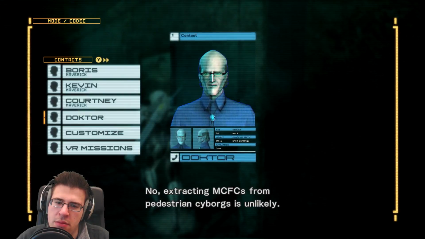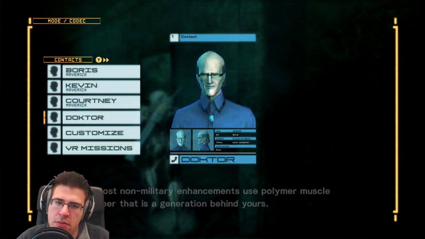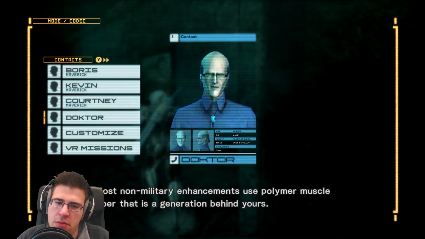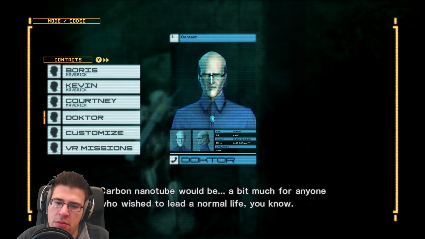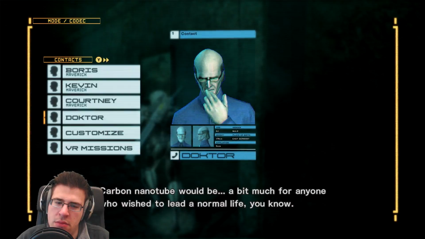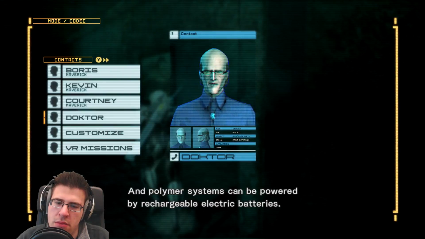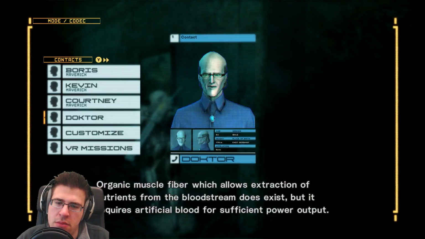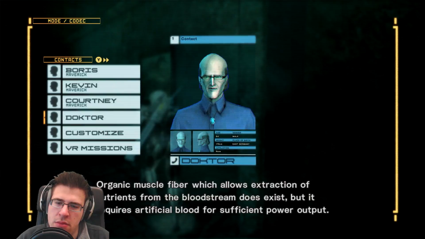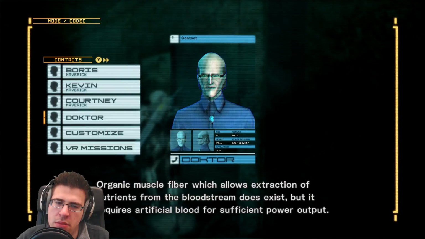No, extracting MCFCs from pedestrian cyborgs is unlikely. Most non-military enhancements use polymer muscle fiber that is a generation behind yours. Carbon nanotube would be a bit much for anyone who wished to lead a normal life, you know. And polymer systems can be powered by rechargeable electric batteries. Organic muscle fiber, which allows extraction of nutrients from the bloodstream, does exist, but it requires artificial blood for sufficient power output.